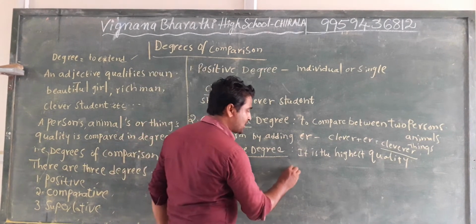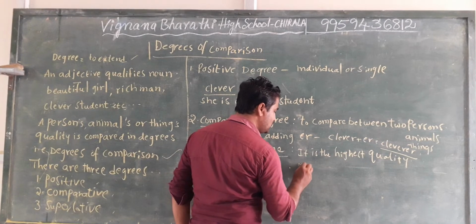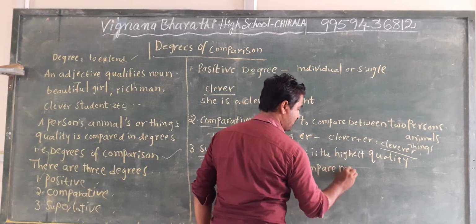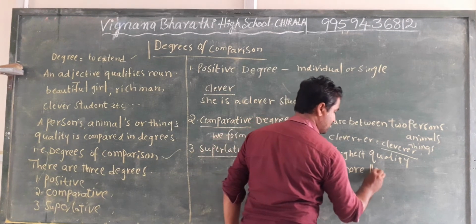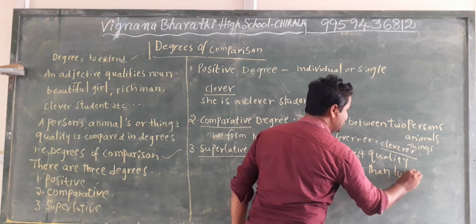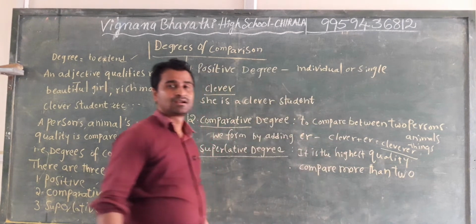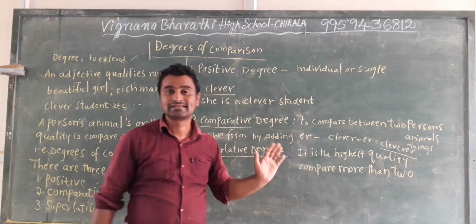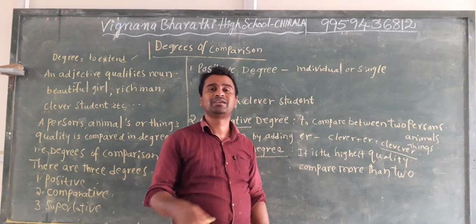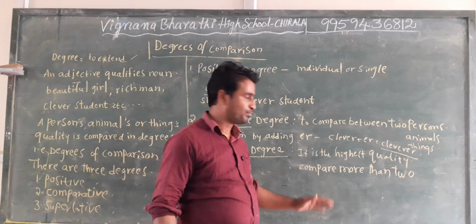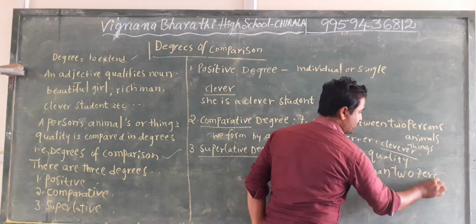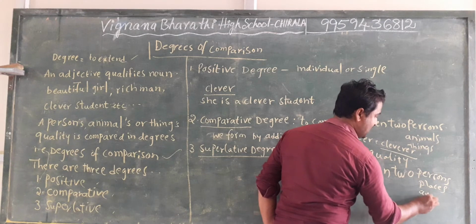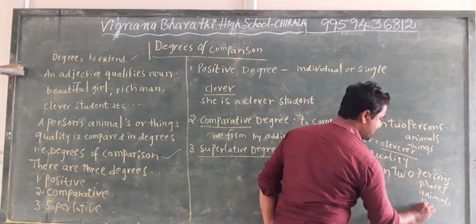This is used to compare more than two persons. It is compared among many. It is not less than two, it is more than two. It can be any number of persons, places, animals, or things.